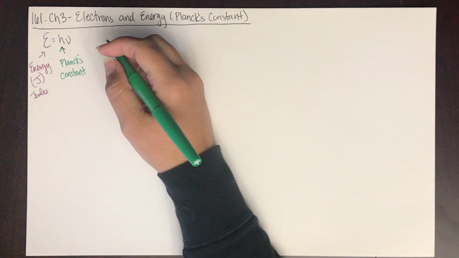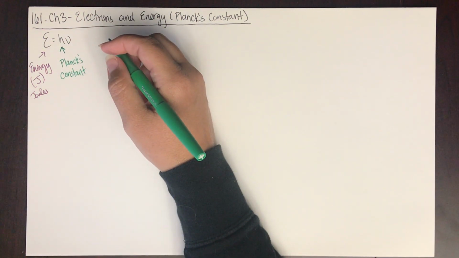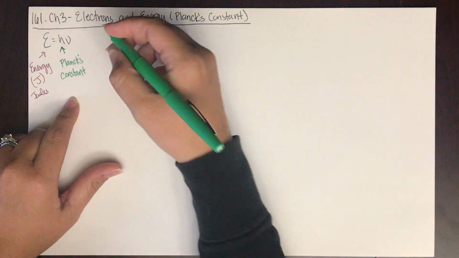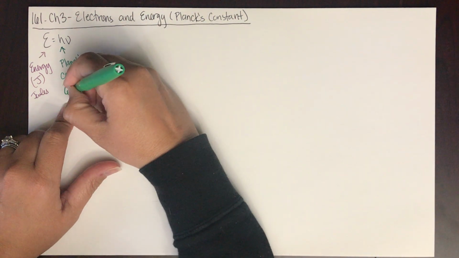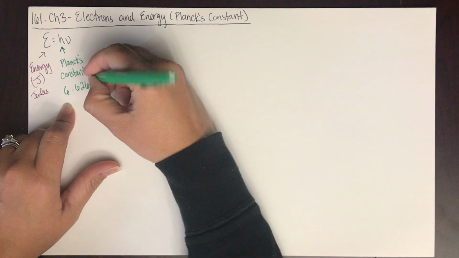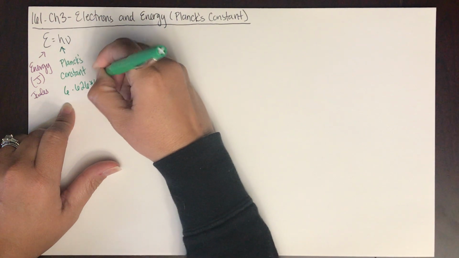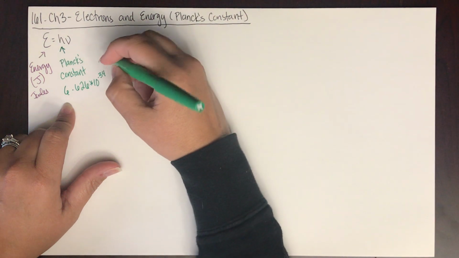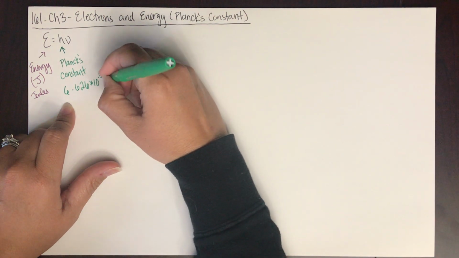And Planck's constant is 6.626 times 10 to the negative 34th joules per second.